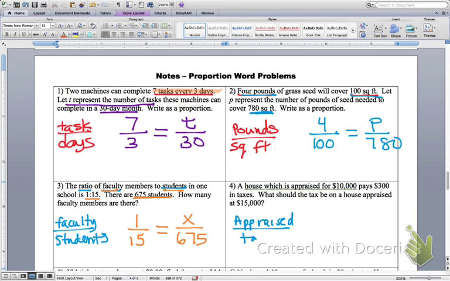And then the bottom would be the taxes of the home. So let's set up our proportion. In this case, we have for every $10,000 of appraisal or value, we pay $300 in taxes. In this case, what's the tax? So again, what should the tax be? That's our variable for a house that's appraised at $15,000. So again, we can use X. We can use T for tax if you prefer.